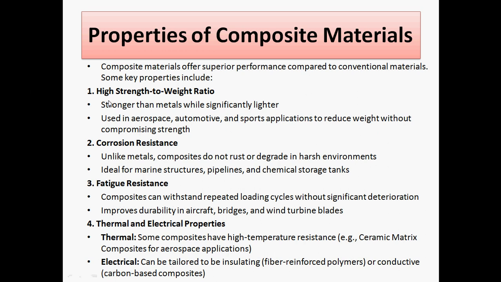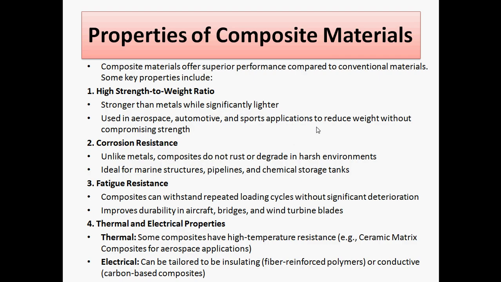So the first property is high strength to weight ratio, that is, stronger than metals is possible, which is useful in aerospace, automotive, and sport applications. So it reduces weight without compromising strength. So this is the first advantageous property. Then corrosion resistance.